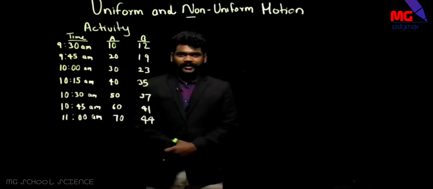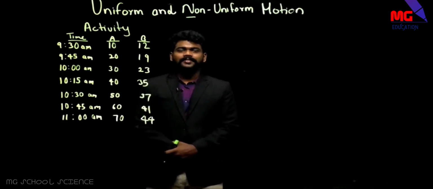Activity. Let us try to do the activity given. In the activity section, they have given a table of the distance traveled by object A and object B in equal intervals of time. Let us see, are these in uniform or non-uniform motion?